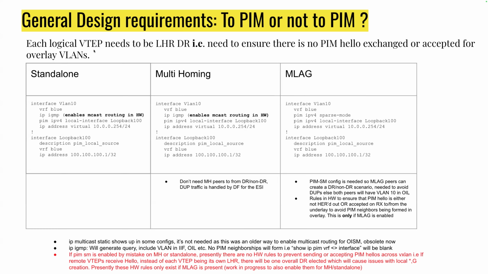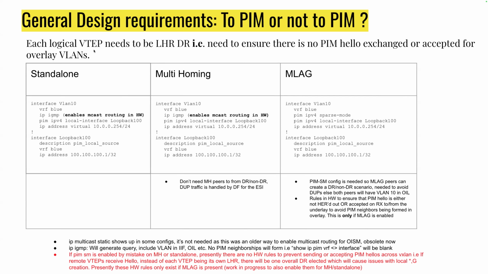Because if you form a PIM neighborship between VTEPs in this VLAN, there will be a DR and a non-DR. You can't have multiple DRs, right? Only one of them will become the DR. Whoever is the non-DR will not join the multicast tree.